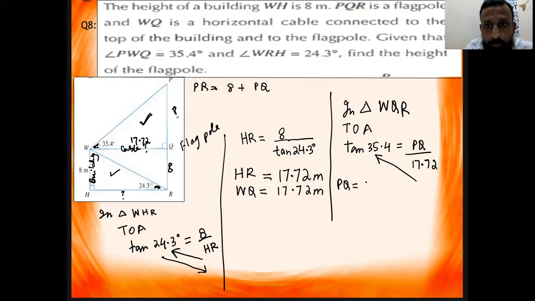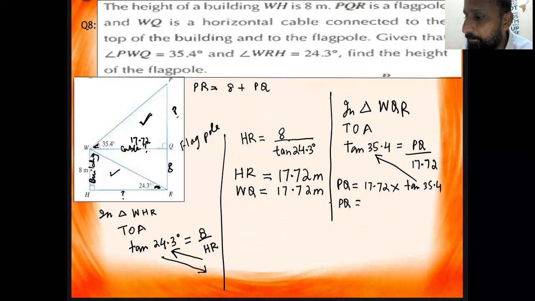PQ equals 17.72 multiplied by tangent 35.4. So my dear students, your calculator will give you the correct answer. 17.72 multiplied by tangent 35.4, and the answer is found to be 12.59 meters.